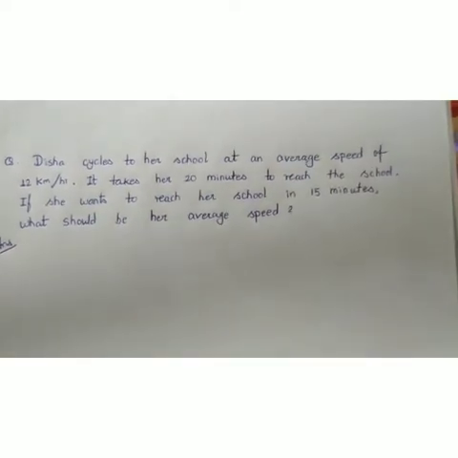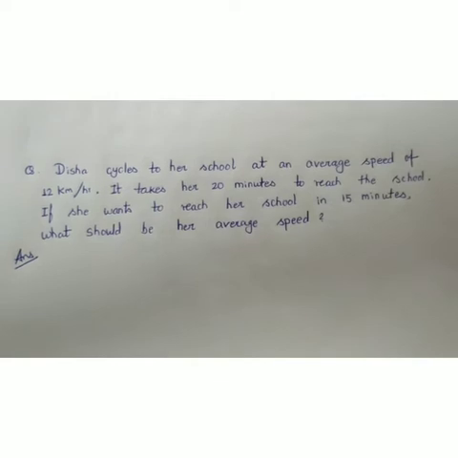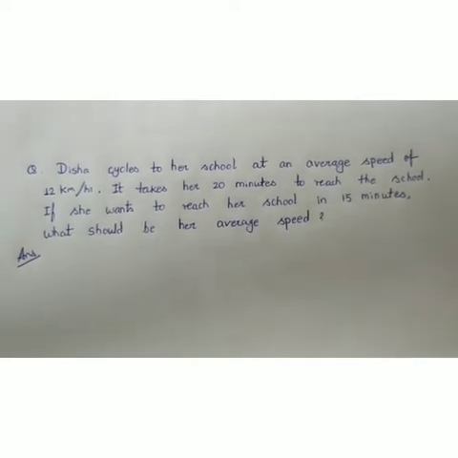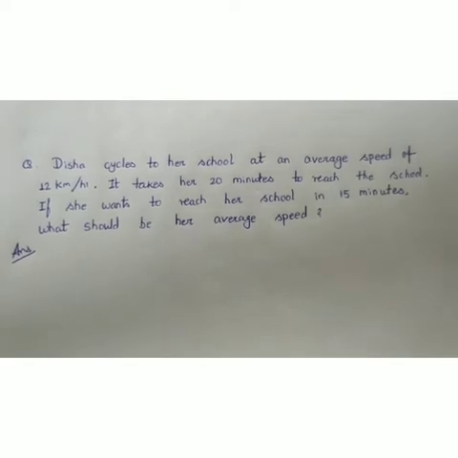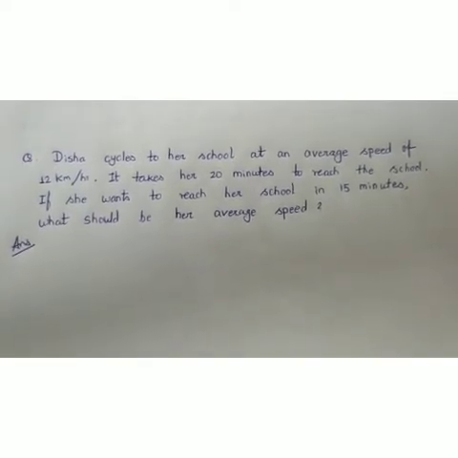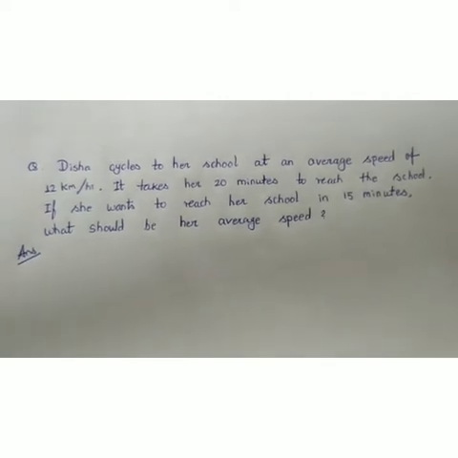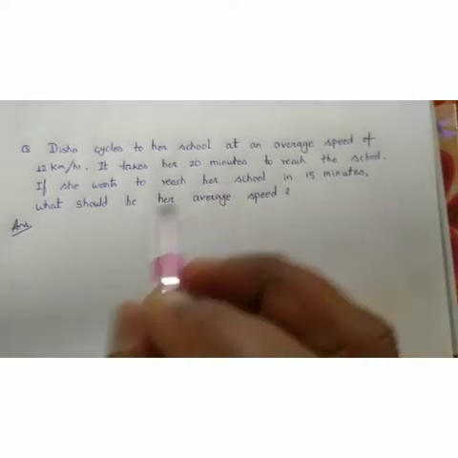Disha cycles to her school at an average speed of 12 km per hour. It takes her 20 minutes to reach the school. If she wants to reach her school in 15 minutes, what should be her average speed? Here the distance is constant.